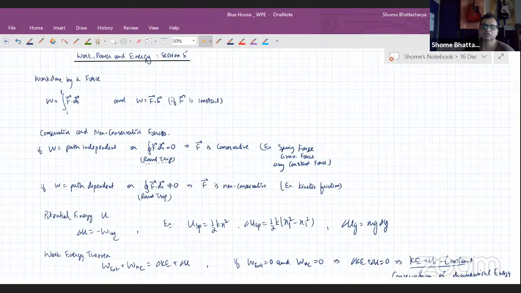Delta y in this formula is the vertical component of displacement.